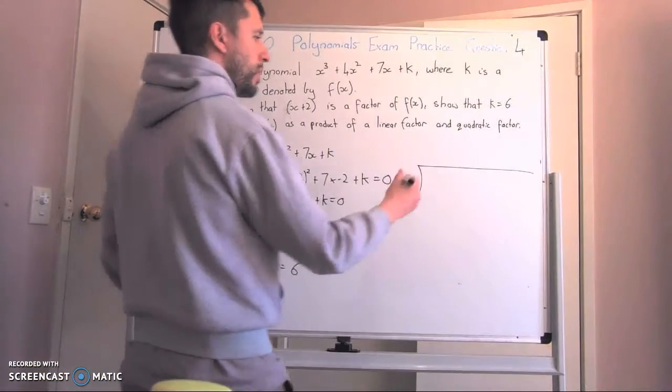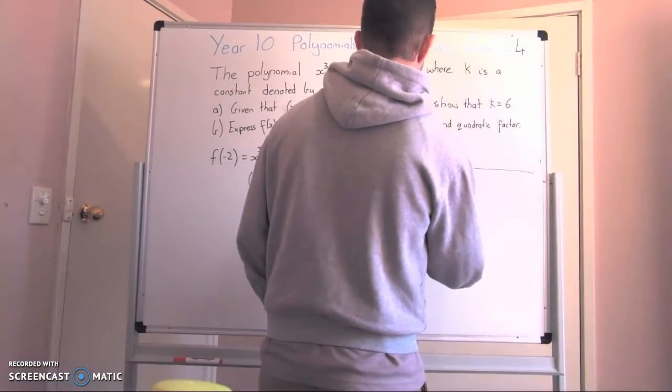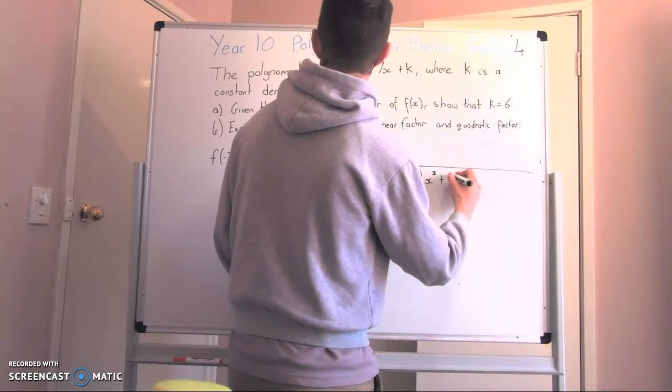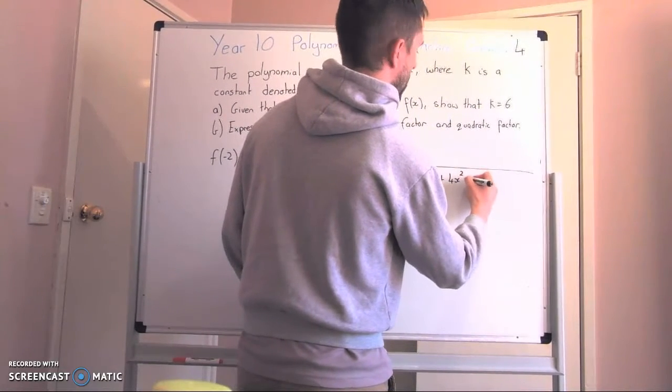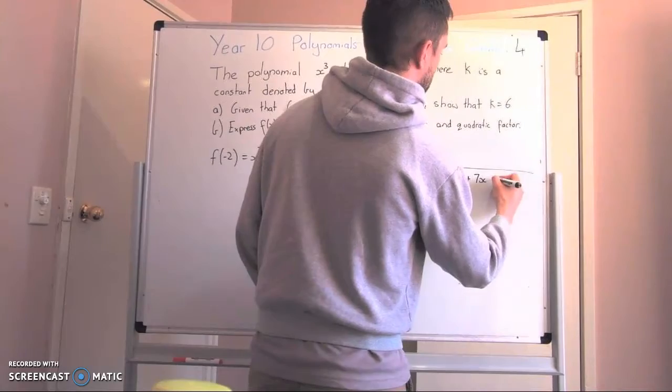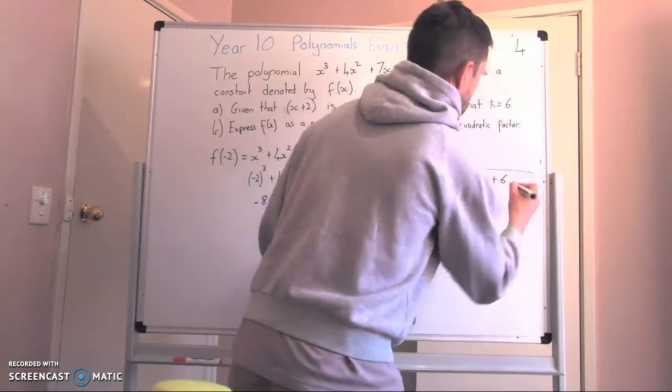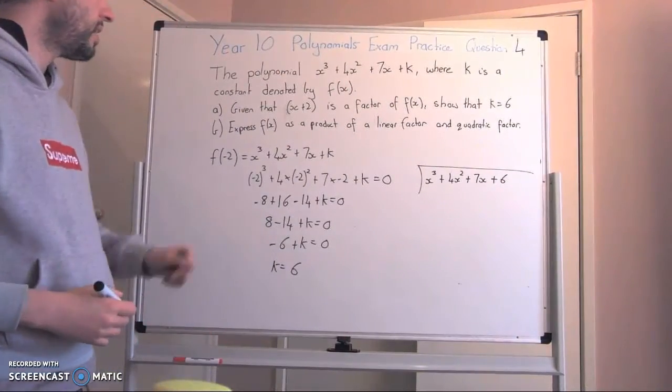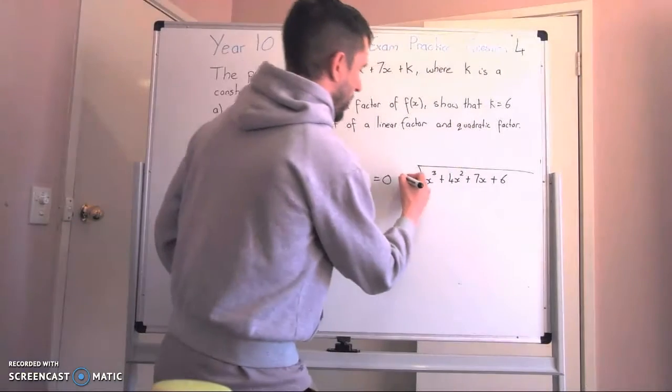So my polynomial is x to the power of 3 plus 4x squared plus 7x plus k, which is 6. And I'm dividing by my factor of x plus 2.